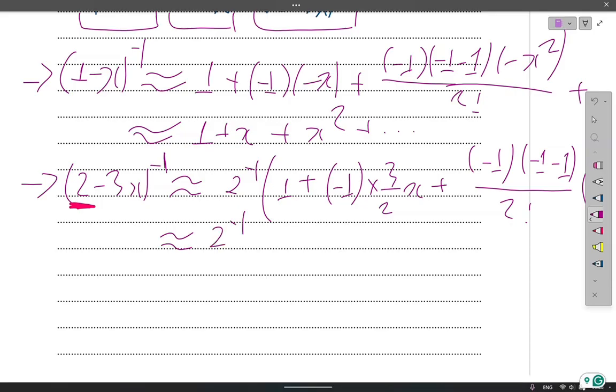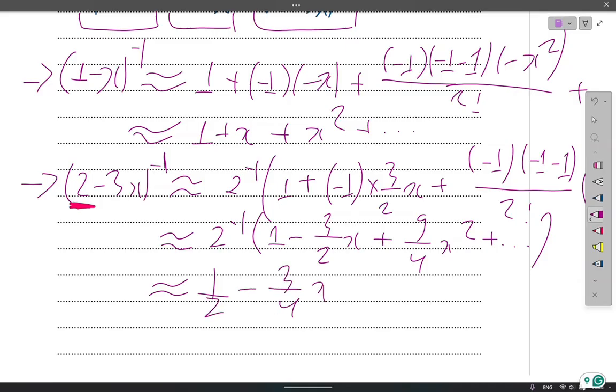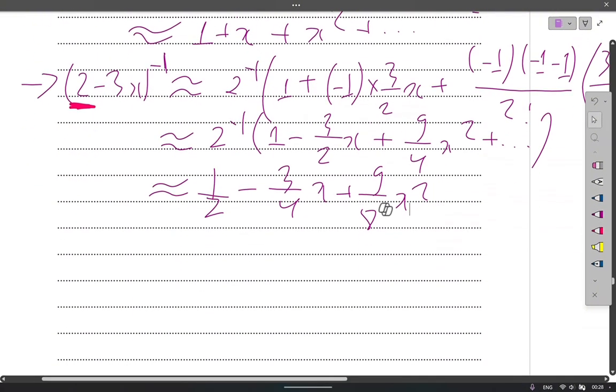Which gives this one. When you simplify them, and when you further simplify this, it's just 1 over 2 minus this one.